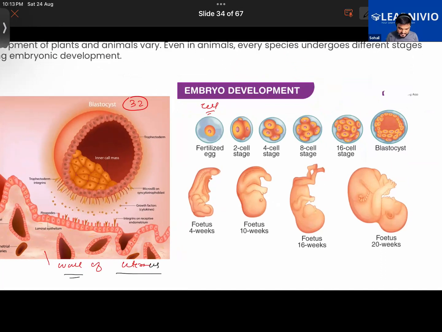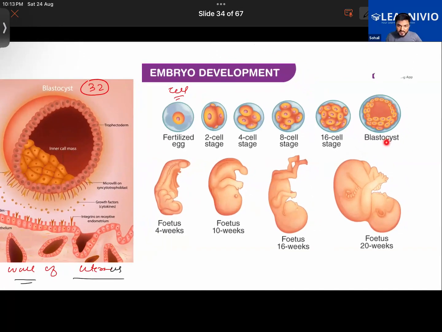Now this is the blastocyst, and this is also called the embryo. What I'm trying to say is, in the initial stages of the development of the baby, will the eyes or limbs be visible? Are the organs formed at that stage?